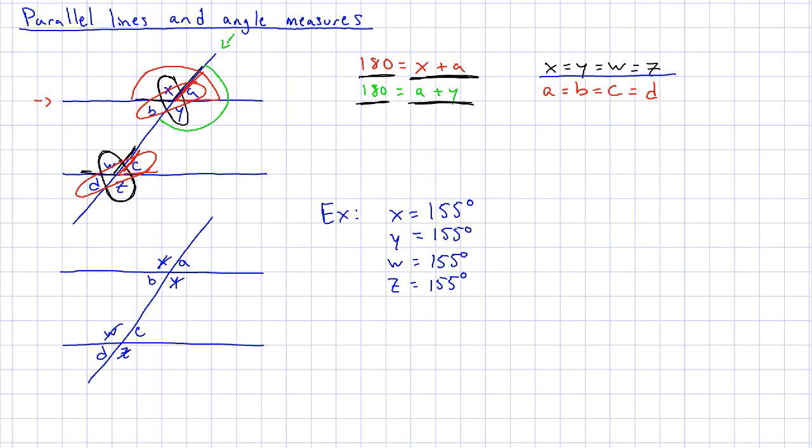X and A, these two that are near each other at the top, together equal 180 degrees. So in order to solve for A, I subtract 155 from 180, which is 25. So A equals 25 degrees, B equals 25 degrees, C equals 25 degrees, and D equals 25 degrees.